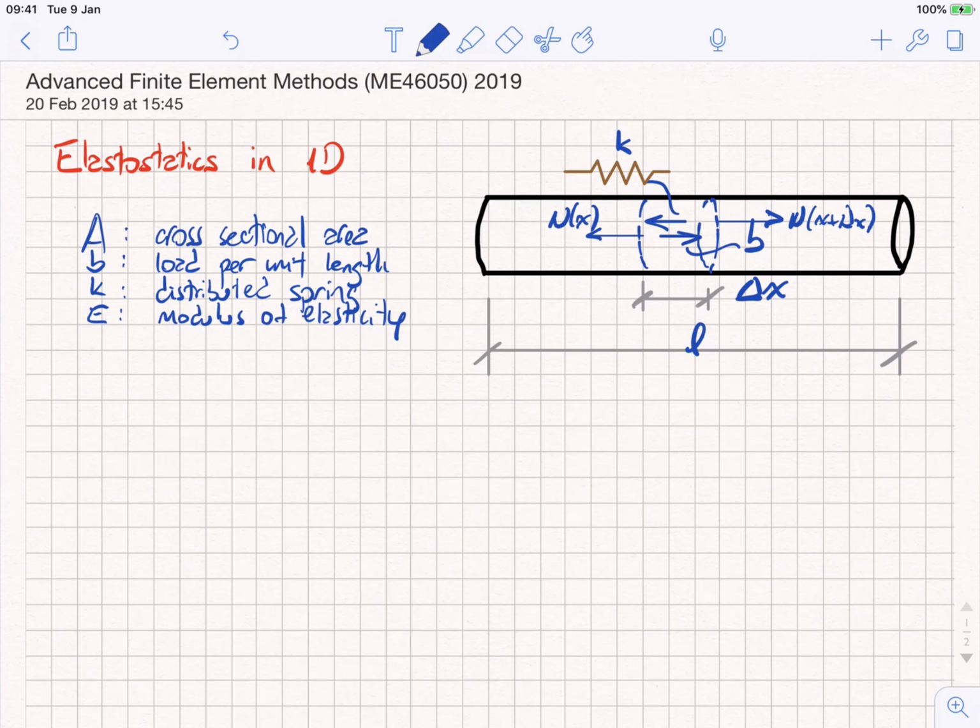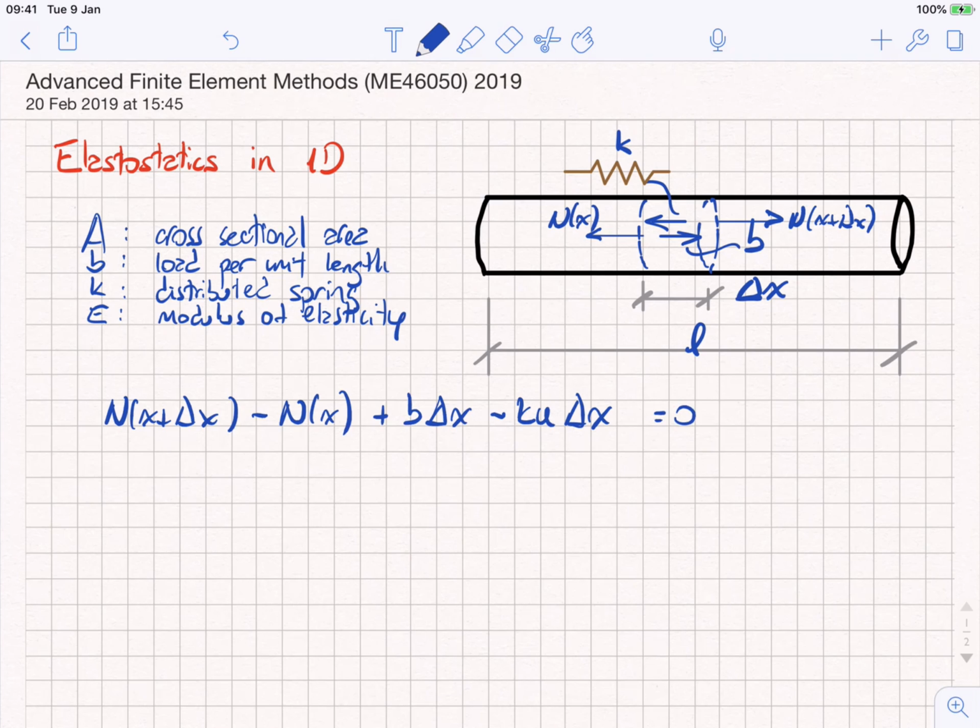Well, what you see is that you have N of x plus delta x minus N of x plus b multiplied by delta x minus k u delta x. As we just said, there is a distributed spring per unit length. So then basically when you multiply that by the delta x, you get in a way the total spring that is acting on that infinitesimal volume of the bar, and then times u will return the force, and as you see, it's a negative because of what we said, it's contrary to the movement, right? So then all of this has to be equal to 0.